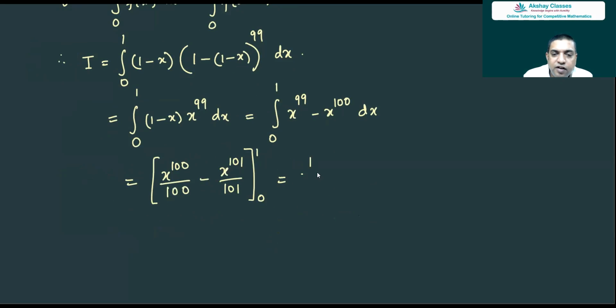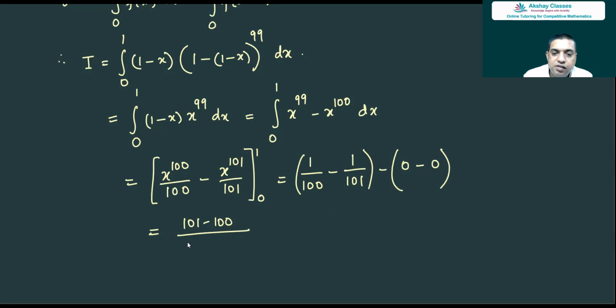We get 1 power 100 by 100 minus 1 power 101 by 101 minus 0 minus 0. So we get 101 minus 100 by 100 times 101. So we get 1 upon 10100. This is the value of the integral.